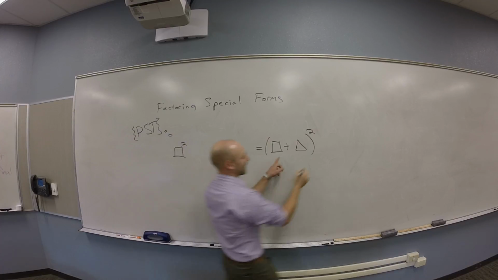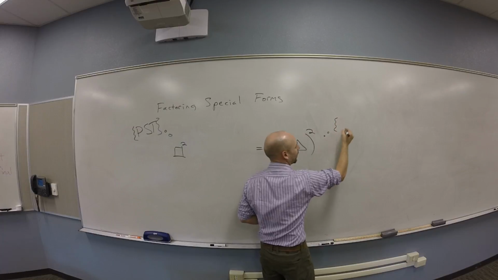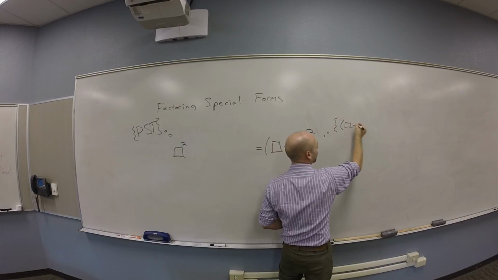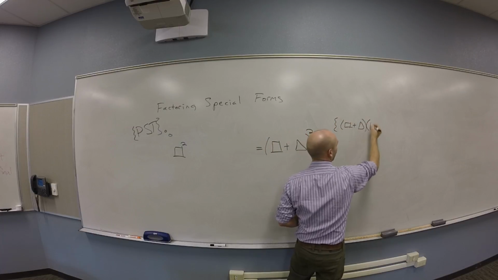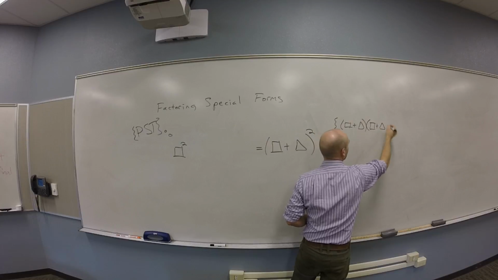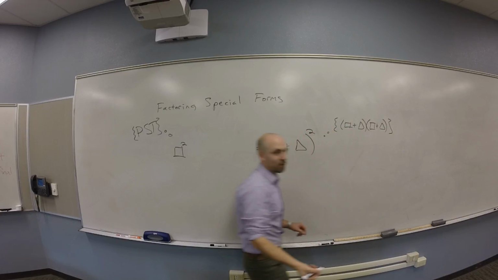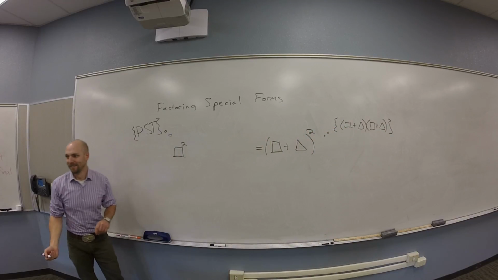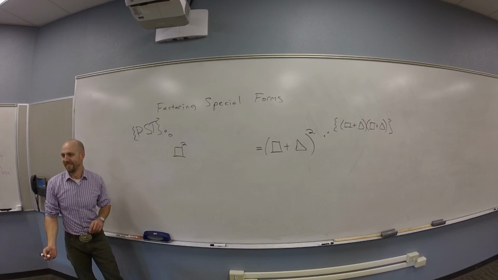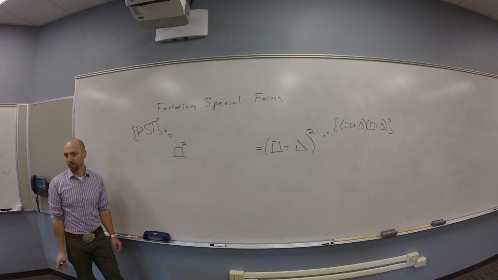That's me looking at this and thinking, okay, this is square plus triangle times square plus triangle. Which looks a little bit like difference of squares, but isn't, because they're both plus signs in the middle.